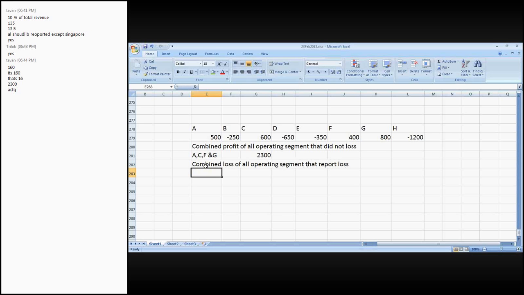And those segments are B, D, E, and H. The total of these segments is 2450.